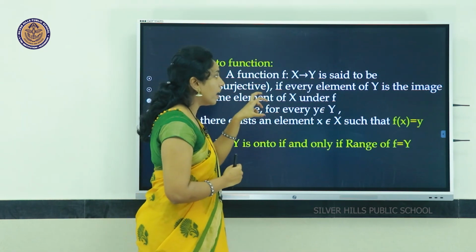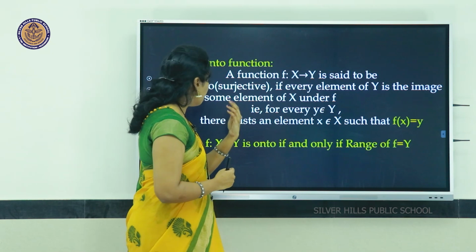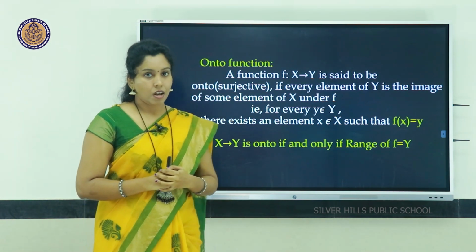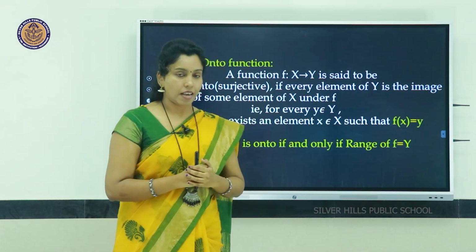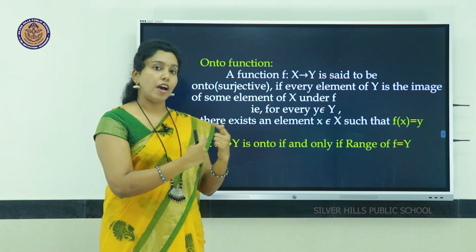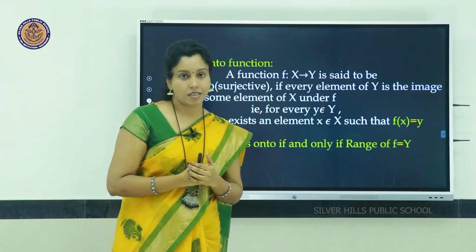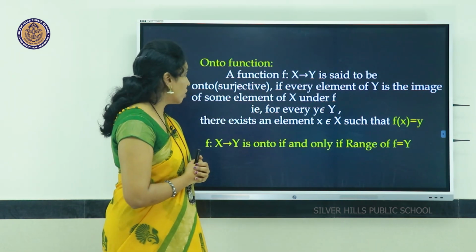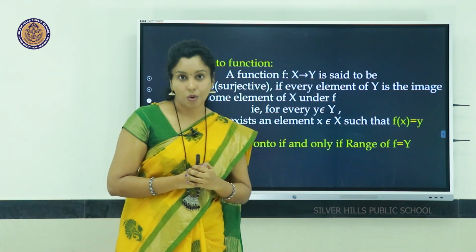If every element of y, y means the second set, is the image of some element of x. That is, for each member in the second set, there is an arrow coming from the first set to that set. If so, we will conclude that function is onto.